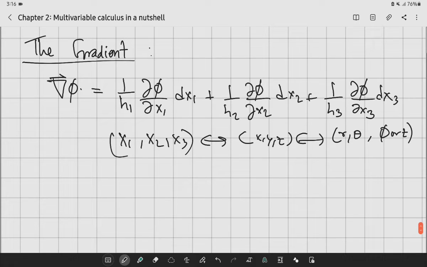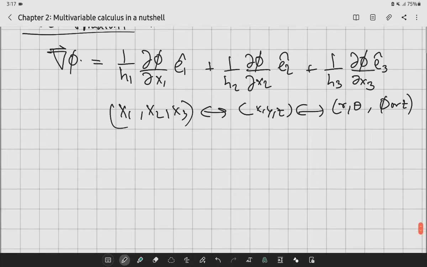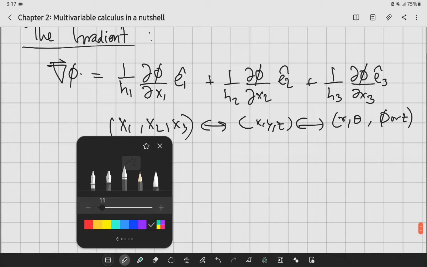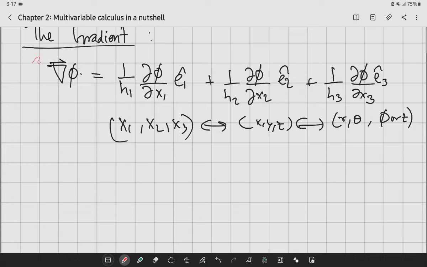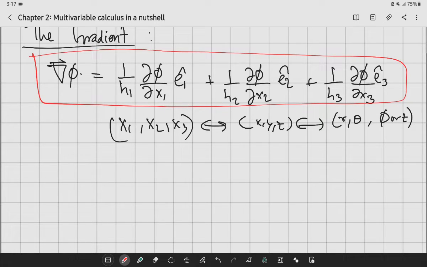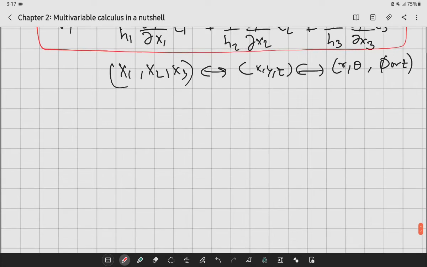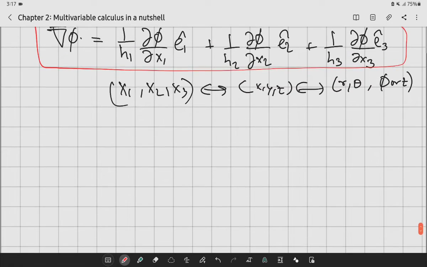Anyway, there is an actual reason why you have these scale factors, and you won't be able to see it, unfortunately. Oops, I have a mistake in here. These shouldn't be dx's. I was confusing the chain rule here. So these should have been e1, e2, e3. These are the basis vectors in the coordinate system. Okay, so this is the formula for the gradient. Now we have 3 more to go, and then I'll give you an example illustrating the use of these scale factors.